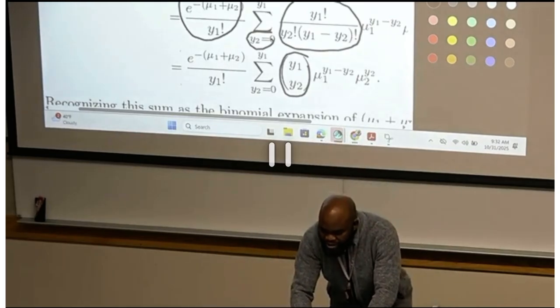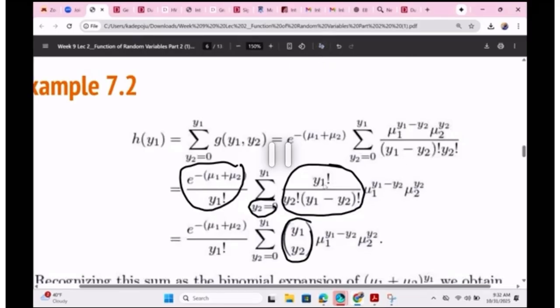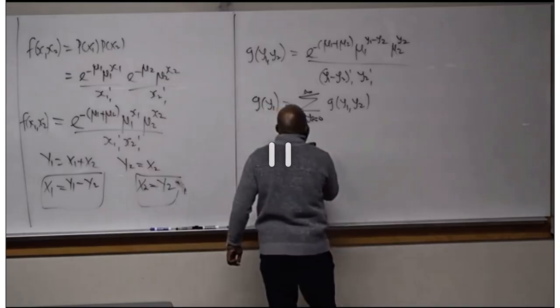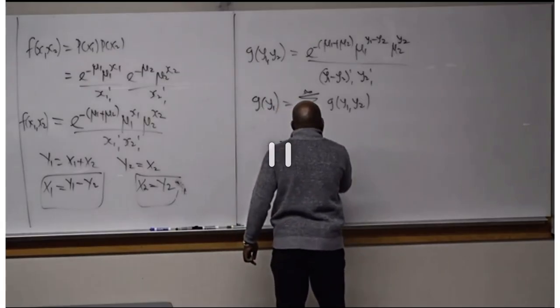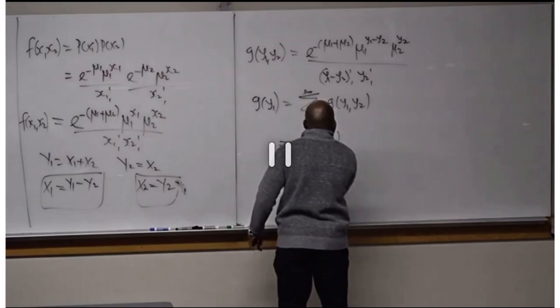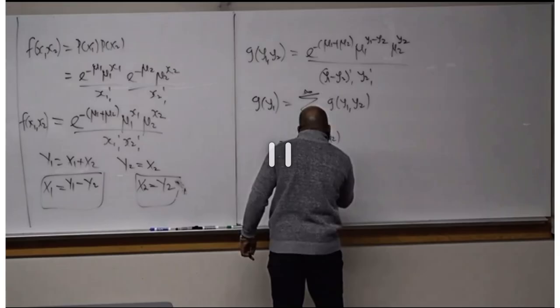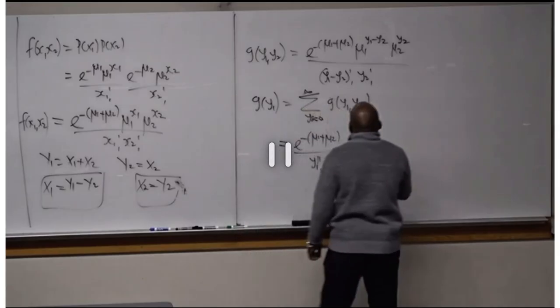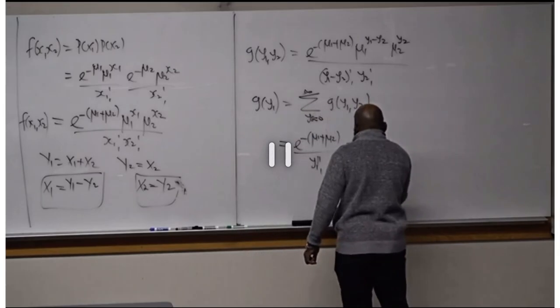Now, please pay attention. If you take a look at all this, it's the same thing as this. I need you to focus on this here. This is actually looking binomial. This is what I did: exponential raised to power minus (mu1 plus mu2) divided by y1 factorial, summation, y2 starts from 0.